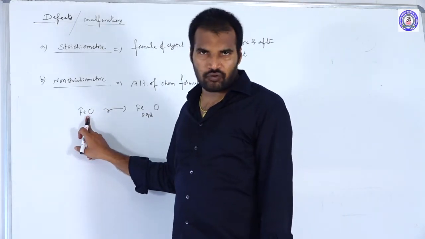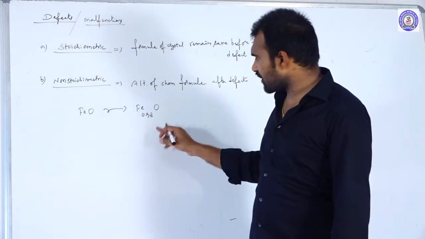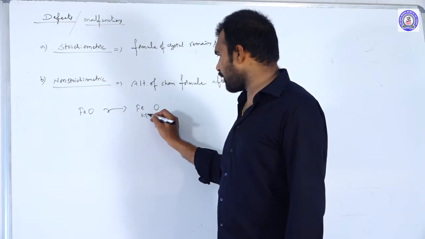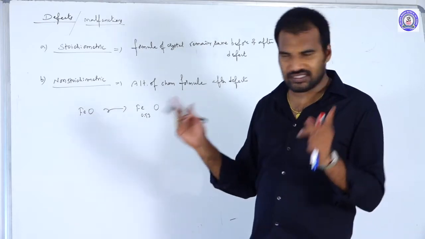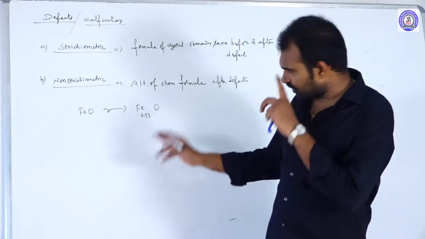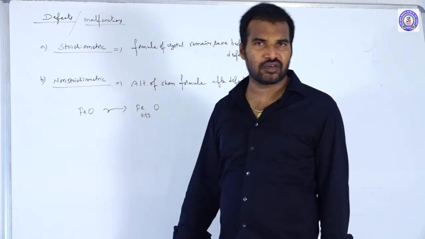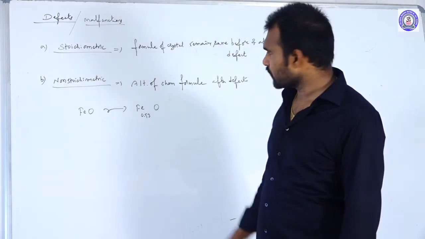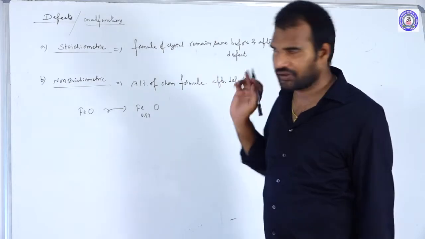Before the defect FeO is 1:1 ratio, but after the defects the ratio is 0.93:1. So there was a change in the formula of this crystal after the defects. Then we call these non-stoichiometric defects.